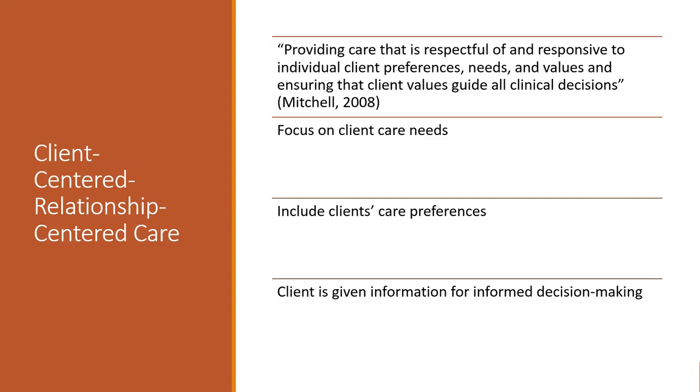And that is okay. We're providing care for the patient, so we want to include their preferences and needs, as long as it's not causing us or them any harm. We do want to include that in the care that we're providing.